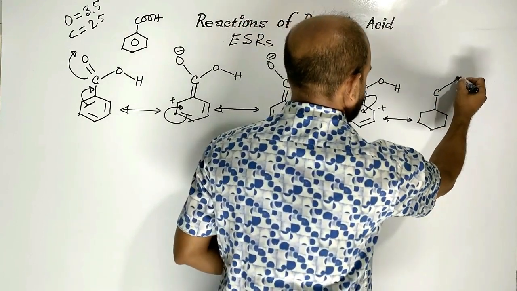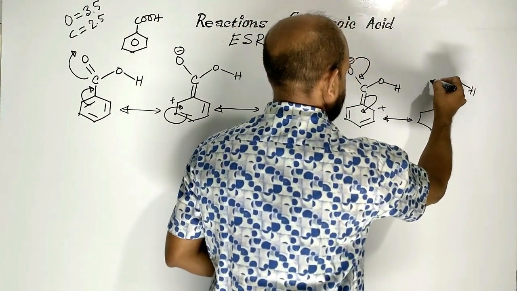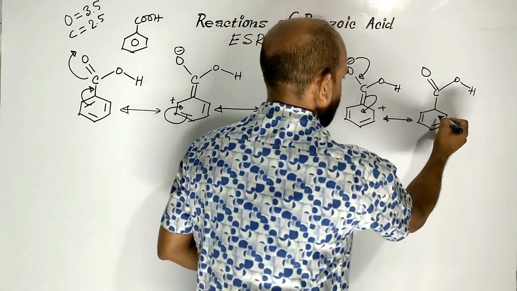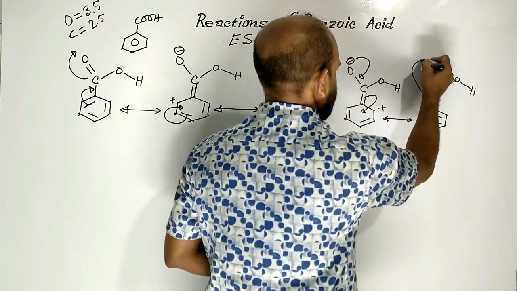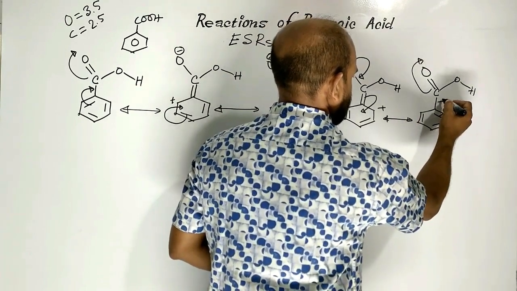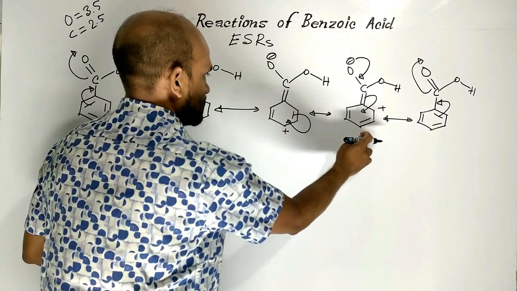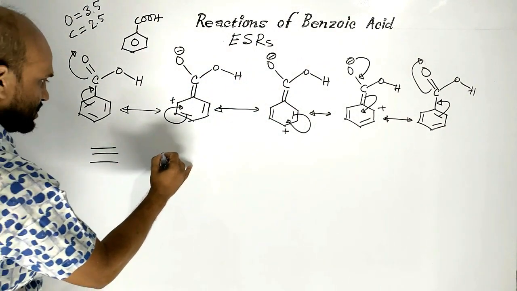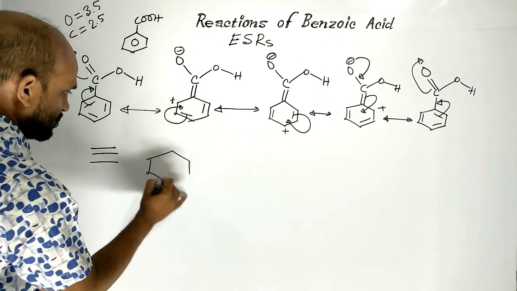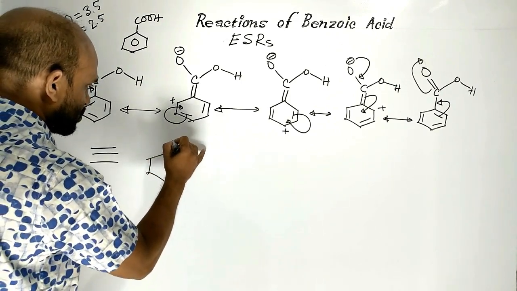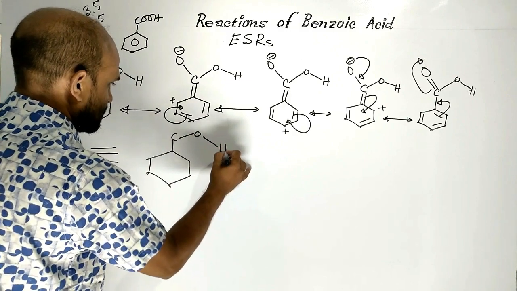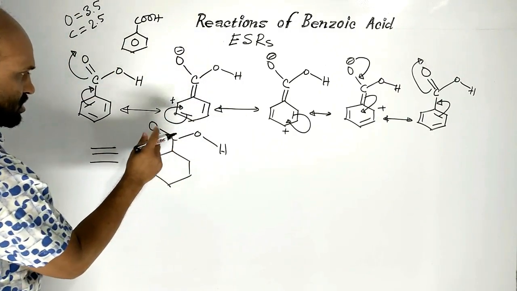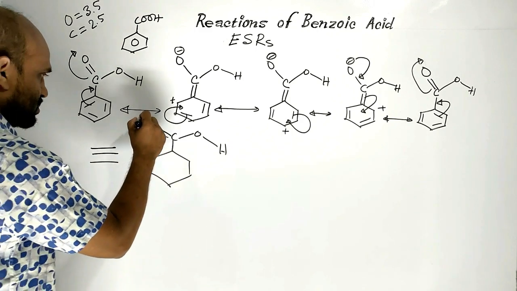Carbon-carbon single bond, oxygen, hydrogen. Again carbon-carbon double bond. Here double bond, double bond, double bond. Again, these structures are obtained. Resonance hybrid is, this can be showed simply. Carbon-oxygen partial double bond.